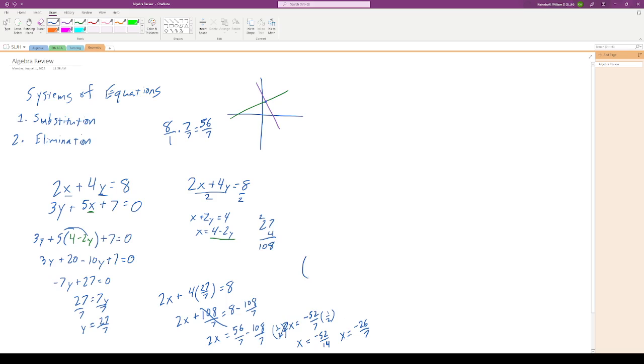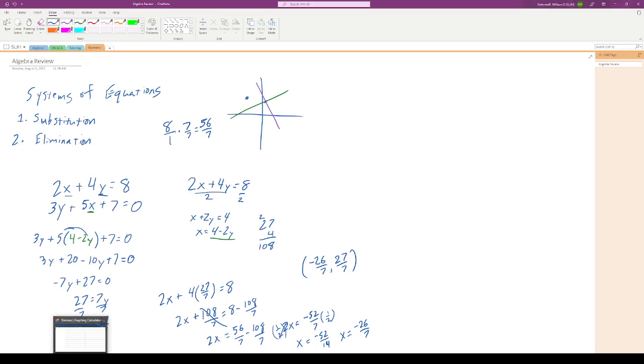So our answer to this, the x-coordinate is negative 26 over 7, and the y-coordinate was 27 over 7. So our intersection of the two lines here should be somewhere in quadrant 2, so it should be about here. Let's go ahead and graph this and see if it looks like what we came up with.